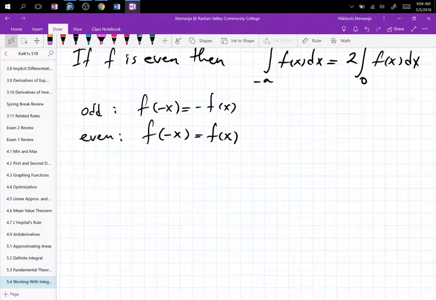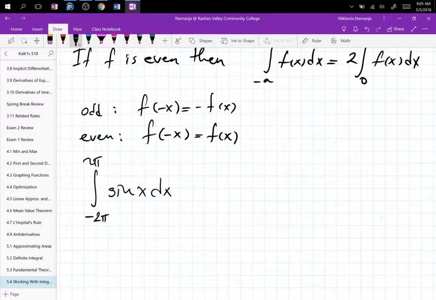So how does this help? Well, if you have an example, let's say you're calculating sine x dx from negative 2 pi to positive 2 pi. The answer is immediately 0 without calculating anything by the theorem above. And the reason for that is that sine is an odd function, and odd functions on a symmetric interval have the value of the integral equal to 0.